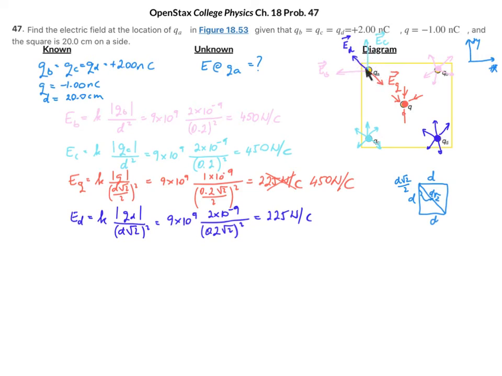So I'm going to have an x and a y here, and I will have to calculate what those are. So a projection of ED onto the x-axis gives me E sub D x, and a projection of EQ over the x-axis gives me E sub Q x.